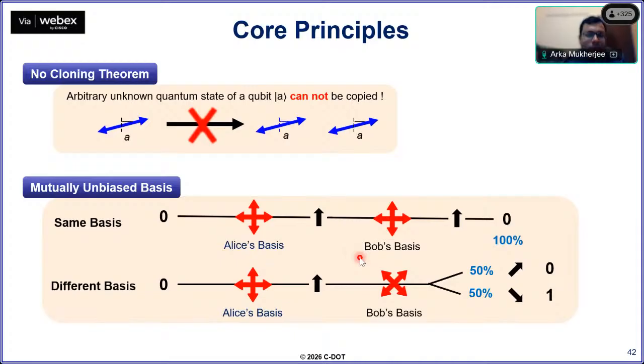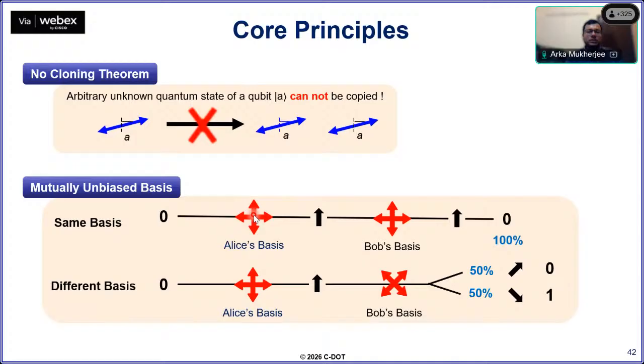Basis means there are two orthogonal states that represent a quantum system. In the rectilinear basis, we have horizontally and vertically polarized light. In the diagonal basis, we have diagonally and anti-diagonally polarized light. They are orthogonal, so they represent the total quantum system.